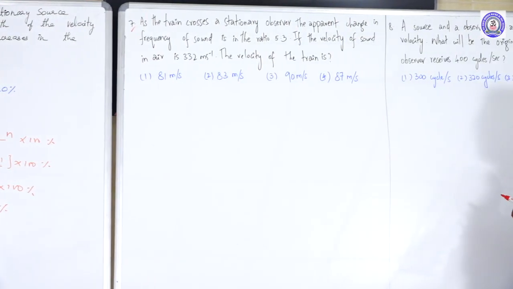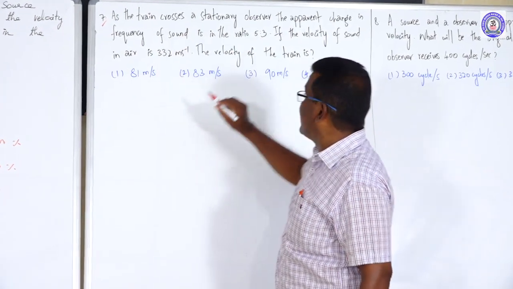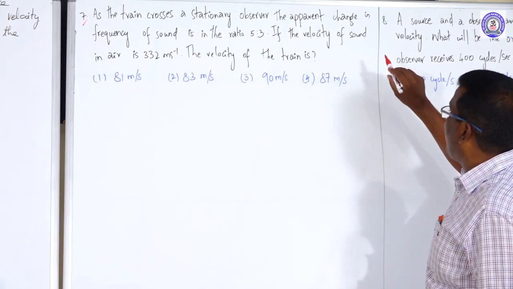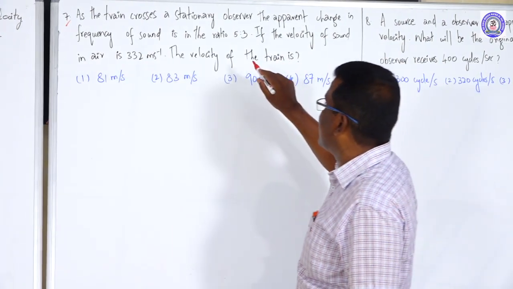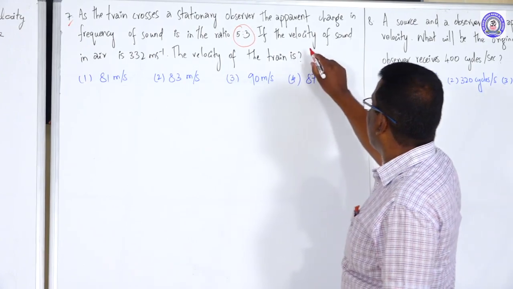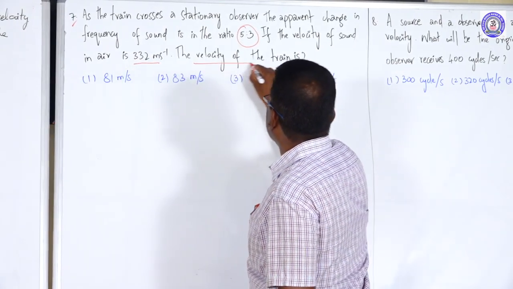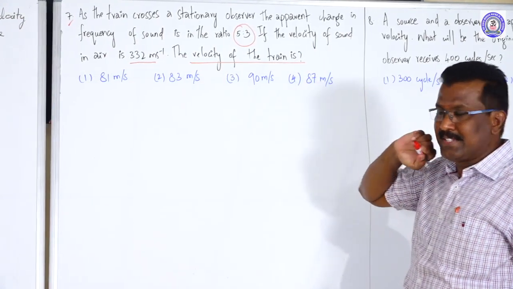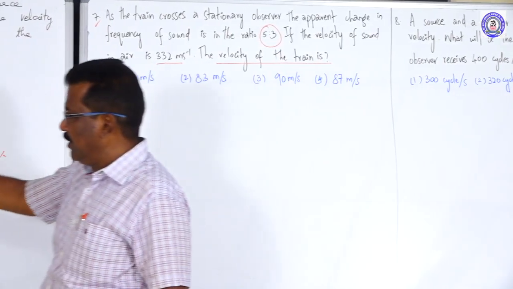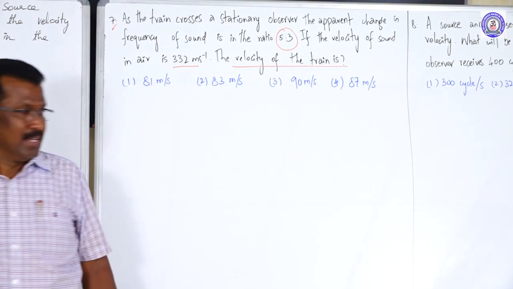As the train crosses a stationary observer, the apparent change in the frequency of sound is in the ratio 5:3. If the velocity of sound in air is 330 meter per second, find the velocity of the train. It is like the first case, question number 5, the same.